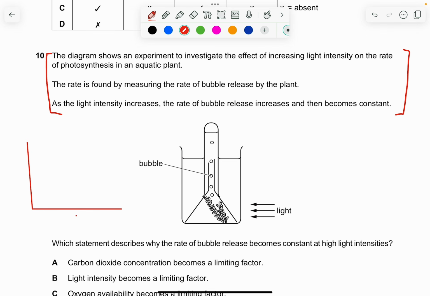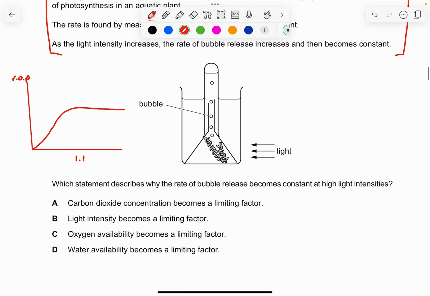So the graph, we have light intensity and rate of photosynthesis. You can see it is like this. Okay, so which statement describes why the rate of bubble release becomes constant at higher light intensity? So they are talking about this section B, which becomes constant.